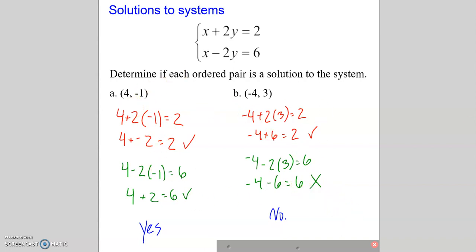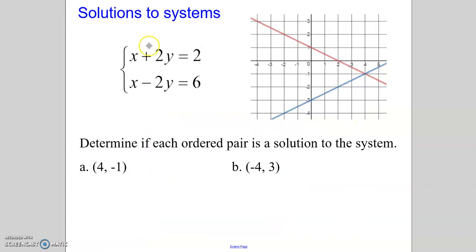What's happening here, if you think about this graphically, if you plot both of these as these are both lines, if you look at what this actually means to be testing these points graphically, this point 4, -1 is right here. And you can see that that point is the point of intersection between these two lines.